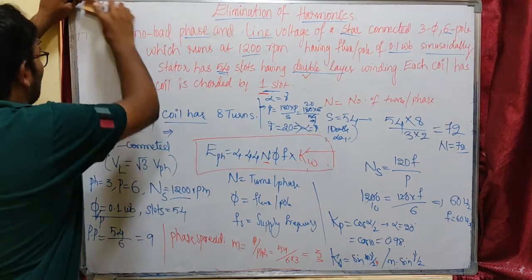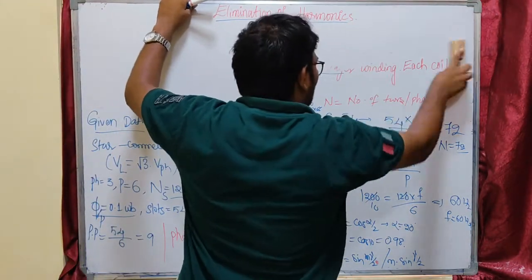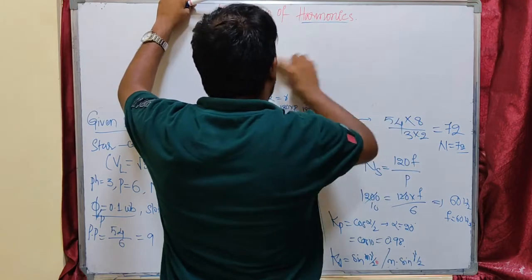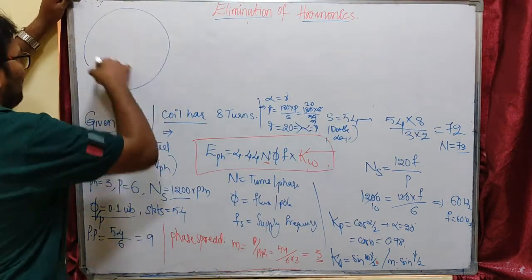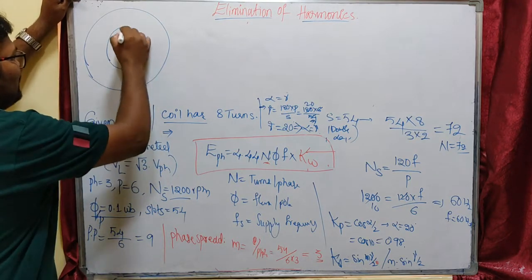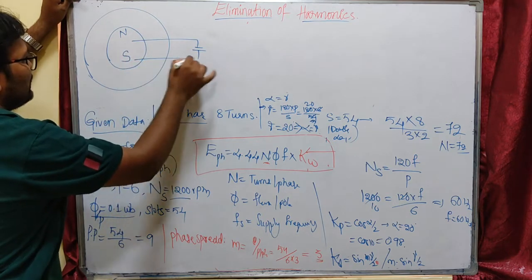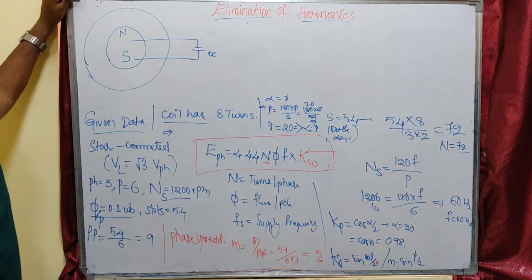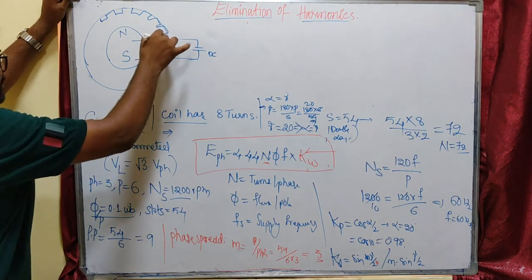So let us understand that concept. Flux distribution means the rotor has a number of poles, and the rotor will rotate continuously, so our stator winding will experience some magnetic field. If this is my stator, then this will be the rotor. Here the rotor is excited with stationary poles by DC excitation, in the case of an alternator. On the periphery of the stator we will have a number of slots.